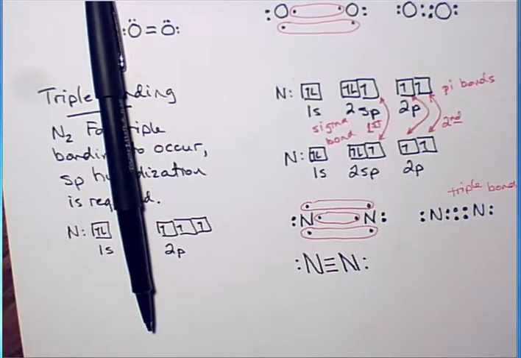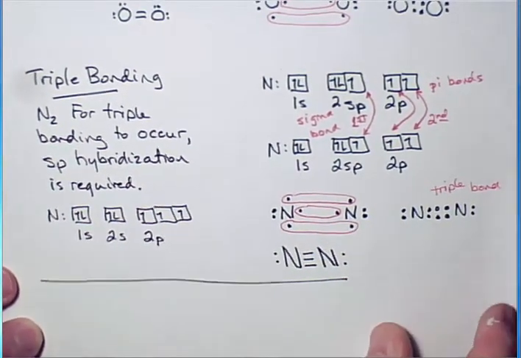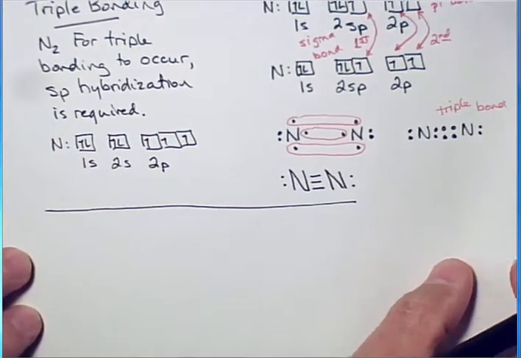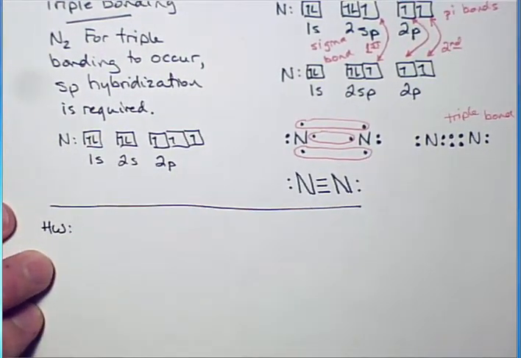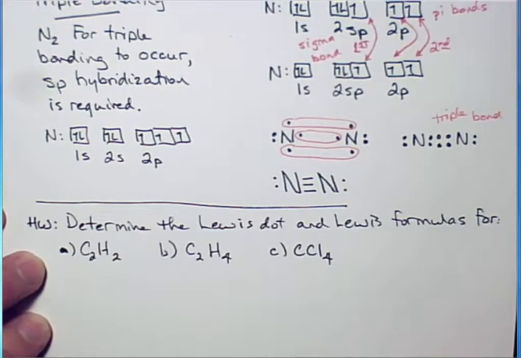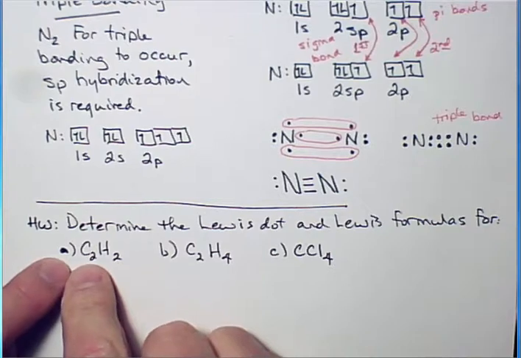That's the triple bond. This one I'm gonna do right. I'm gonna come back tomorrow. I'm gonna do so much knowledge. I'm gonna get on YouTube. Homework for me.